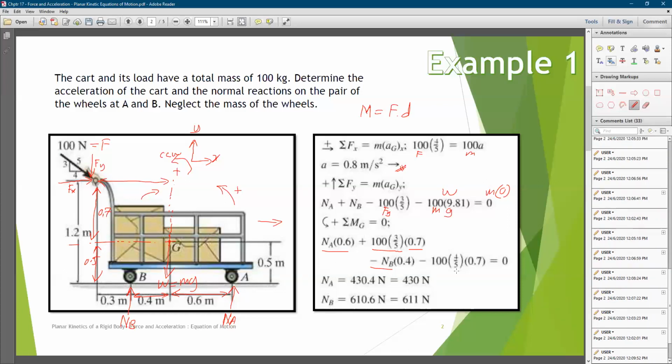So it is Fx times 0.7, and here is Fy. So now we have one equation up here and another equation here, and we have two unknowns, and therefore we can solve this problem to get the reaction force at point A and the reaction force at point B. Okay, that's all. Thank you.